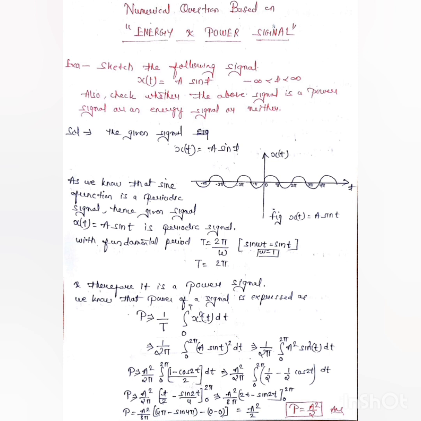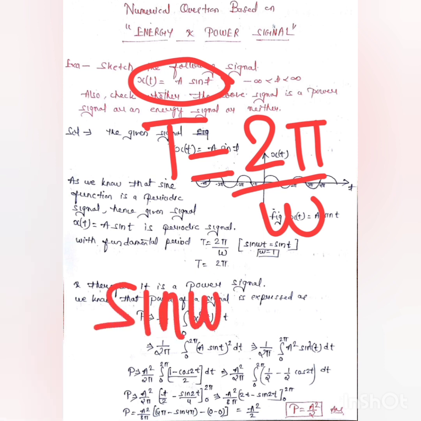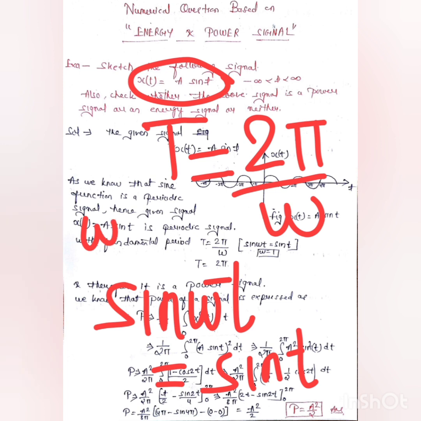In order to calculate the fundamental period, we have the formula T equals 2 pi by omega, and the value of omega is taken from the given signal. The standard form of the sine function is sin omega t and the given function is sin t. Comparing both, we get omega equals 1.